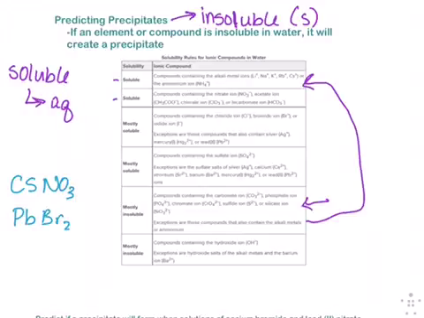According to rule number 1, cesium is soluble. And nitrate is also soluble. So what state will this compound be in? Aqueous. They will both be aqueous. So then if we look, all right, mostly soluble, bromine, that's good.